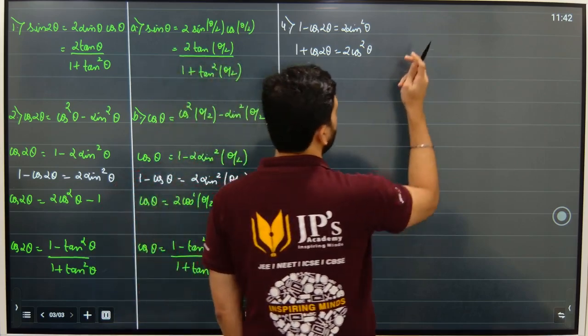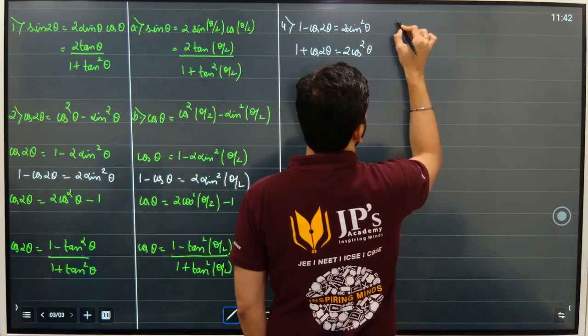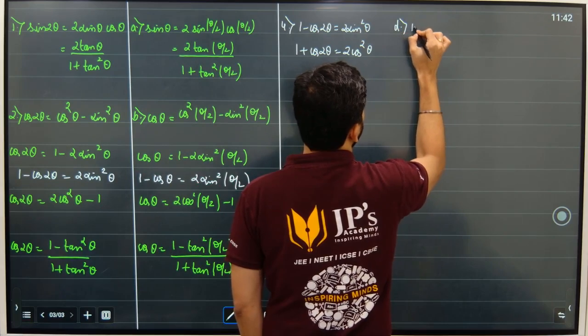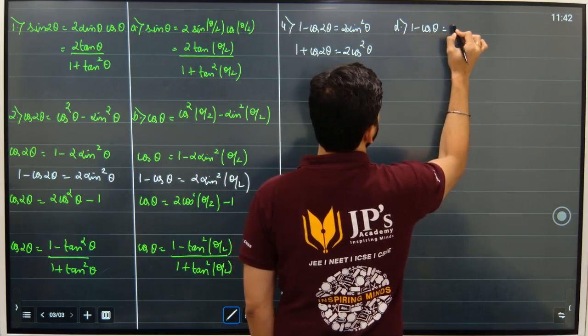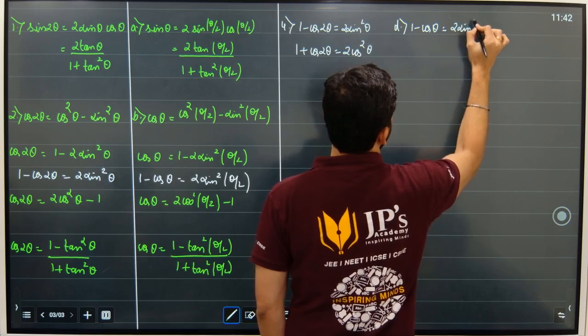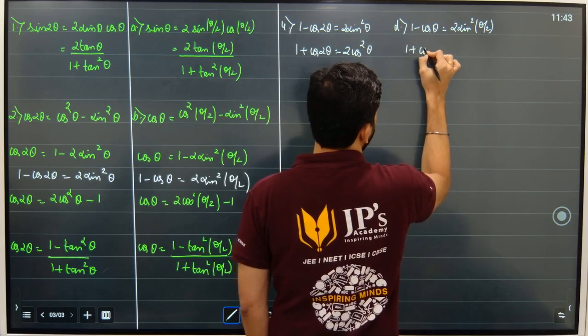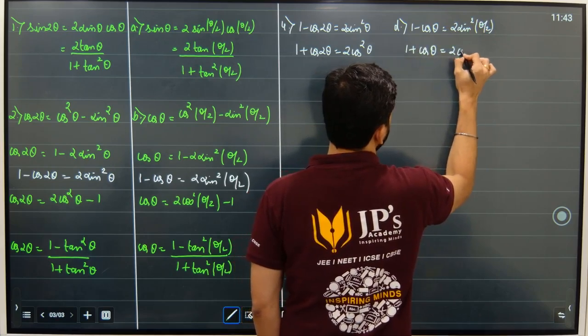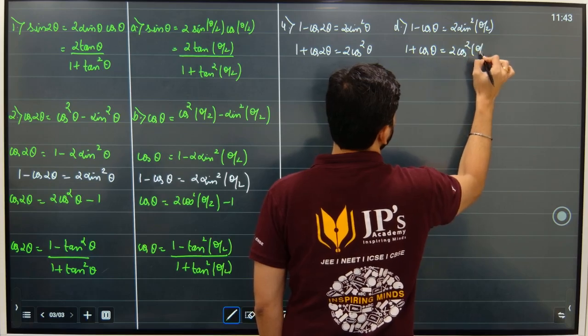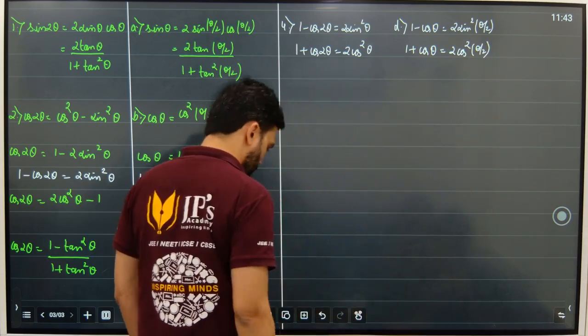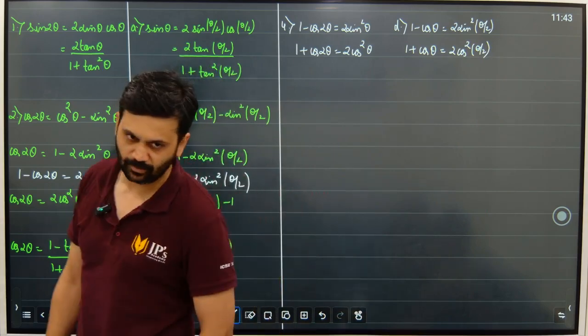In the same way, 1 minus cos theta is 2 sin square theta by 2. And guys, 1 plus cos theta is 2 cos square theta by 2.